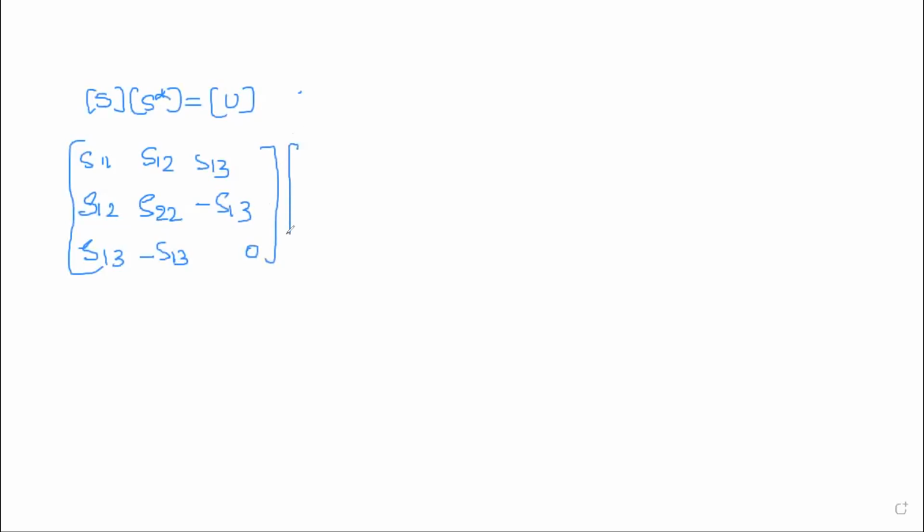Now this is the complex conjugate of your S matrix, which will be written as S11 star, S12 star, S13 star. Similarly, S12 star, S22 star, minus S13 star, S13 star, minus S13 star, 0.